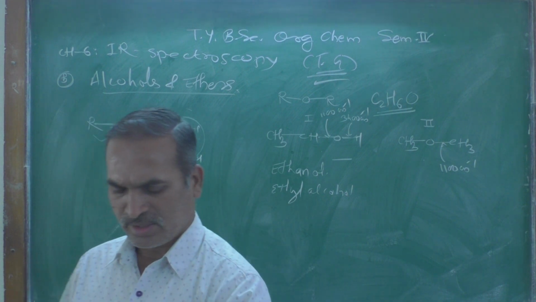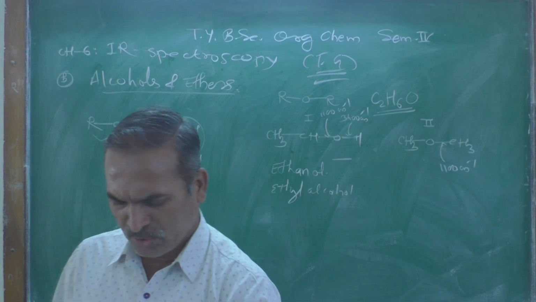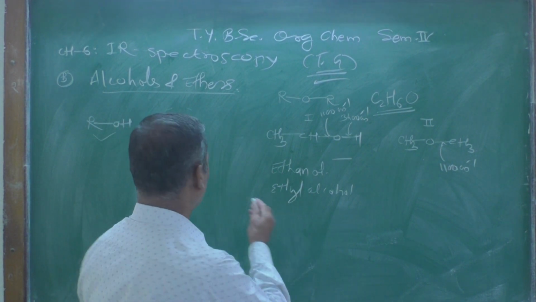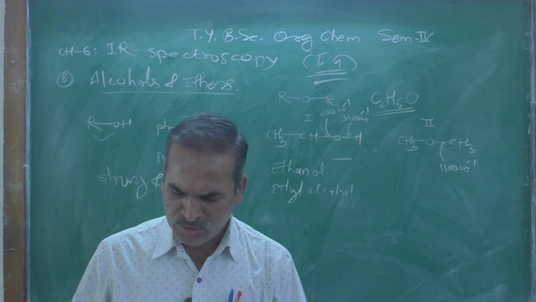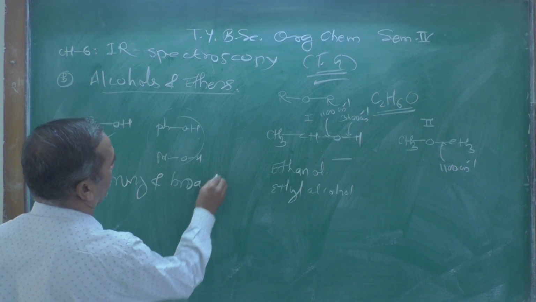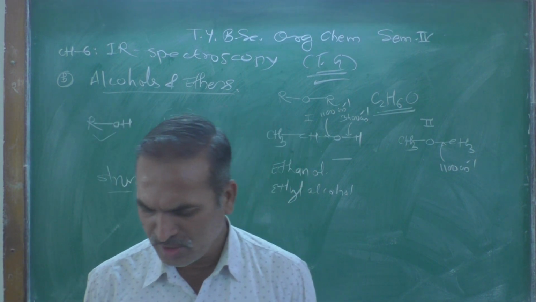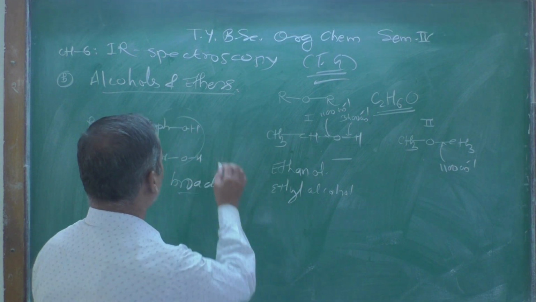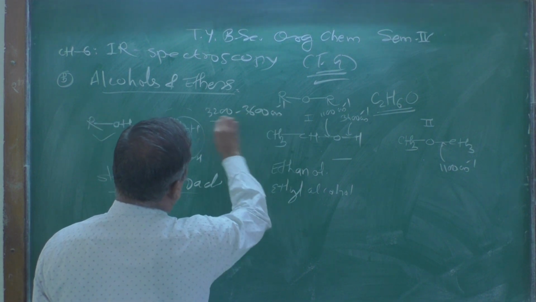Let us see another discussion regarding this. In the IR spectra of alcohols and phenols, we see a strong and broad absorption band in the range 3200 to 3600 per centimeter.